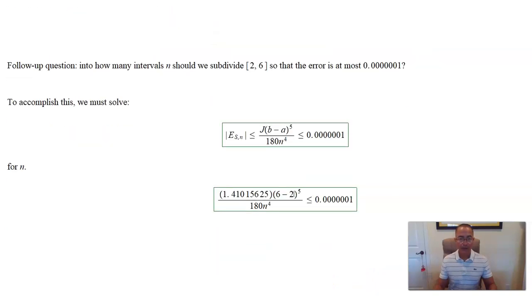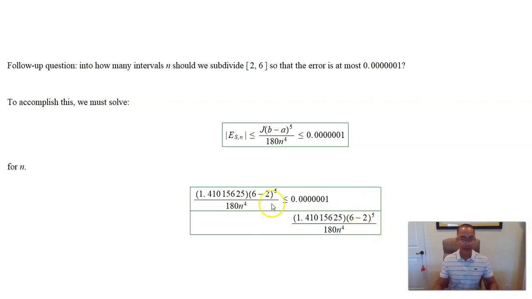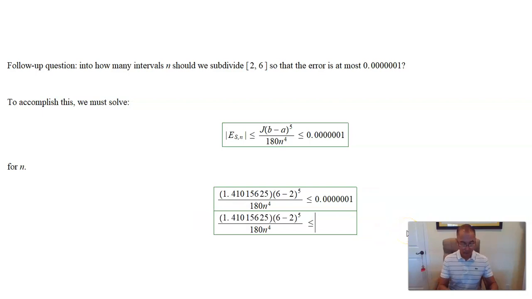So remember what we did last time. We simply switched the n and this number. Everything is again positive. So we can copy this, and that will be less than or equal to, on the other side, n to the 4th power. Bring the n to the 4th power to the right. This will go in the denominator on the left.